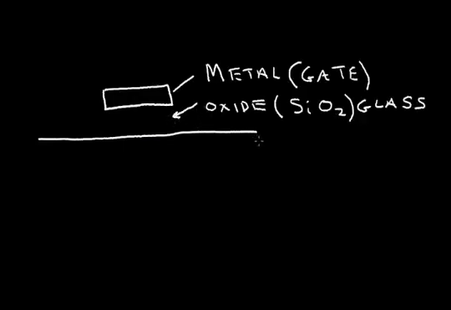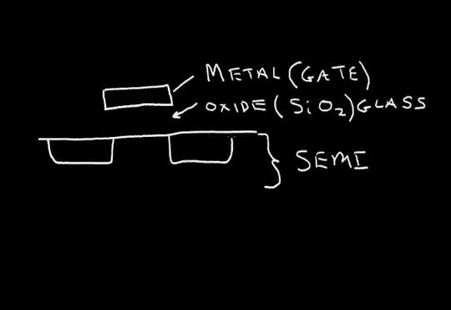Now below the oxide is the semiconductor. And that is composed of a diffusion region in a wafer. This is the surface of the wafer. This is the thickness of the wafer.